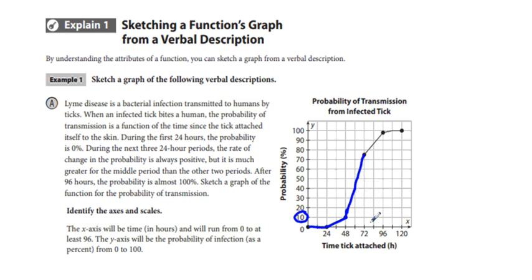Then between 72 and 96 hours, our probability goes up from 75% to, it looks like 98% or something like that, very high. And then in the last period, between 96 and 120 hours, probability goes up that last bit to 100%. So this is the graph, an explanation of it.